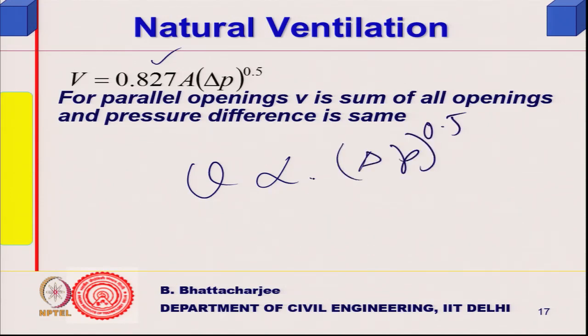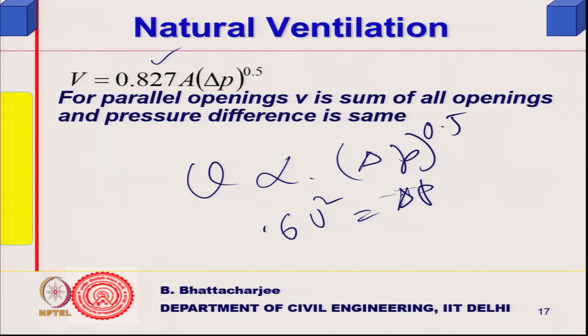There is a constant of proportionality, and how much would this be? Delta P was related to 0.6 V square.